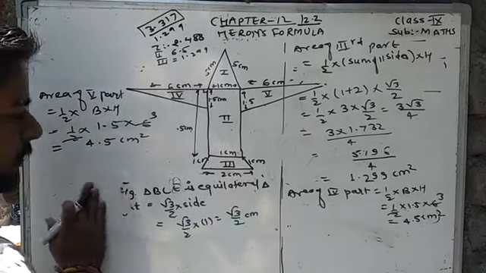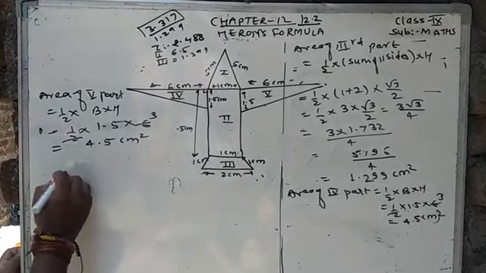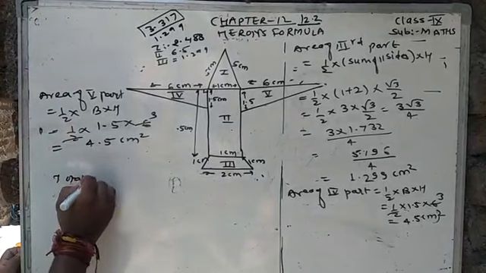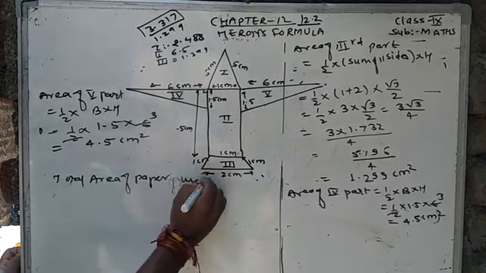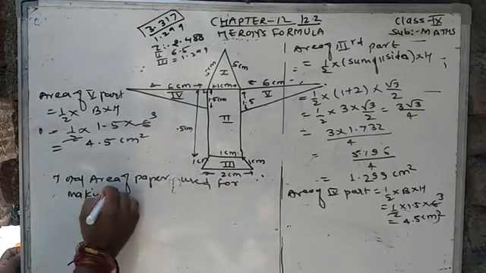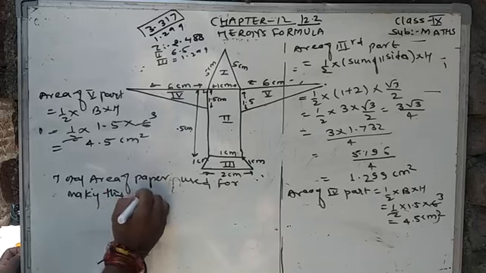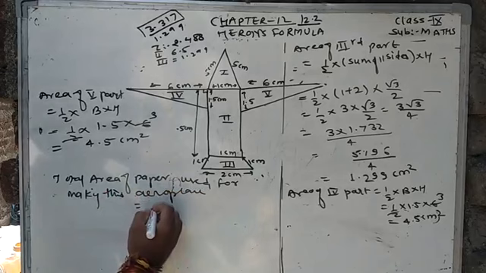Now we have calculated all the areas of the 5 parts. Now the total area of paper used for making this aeroplane is equal to, what will be the area?